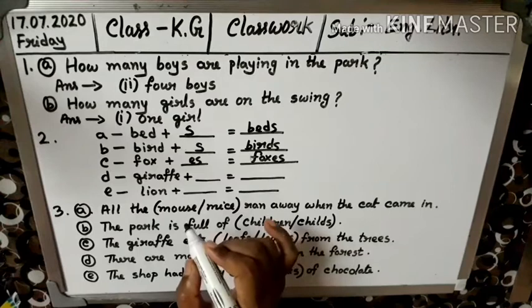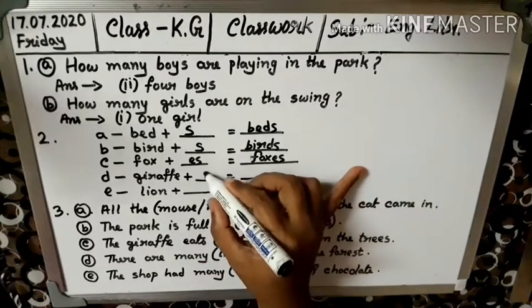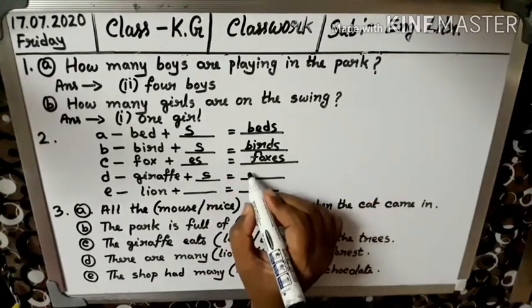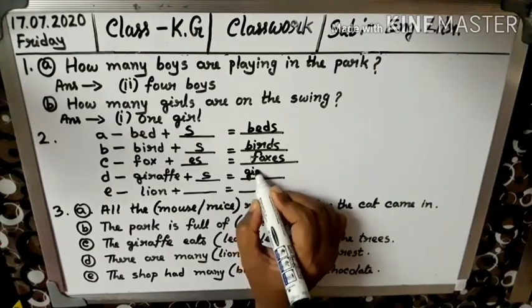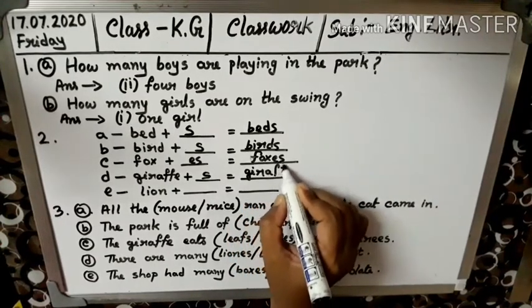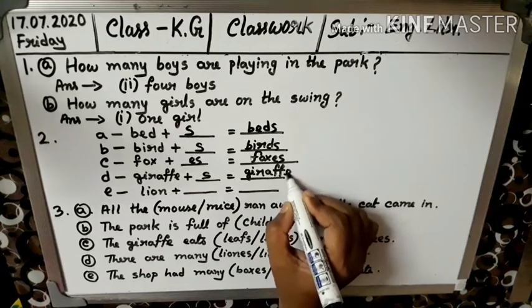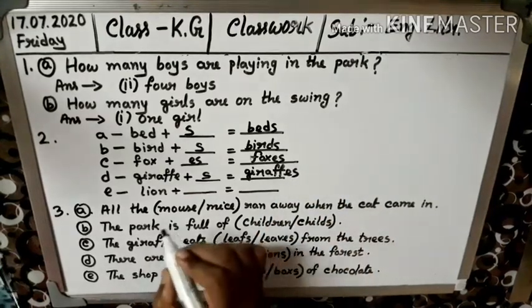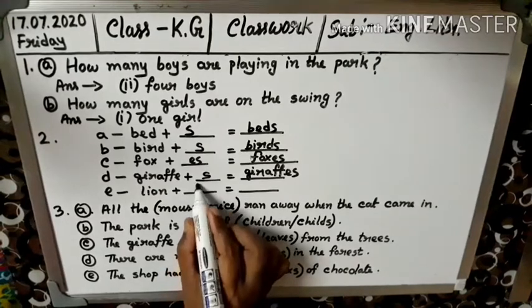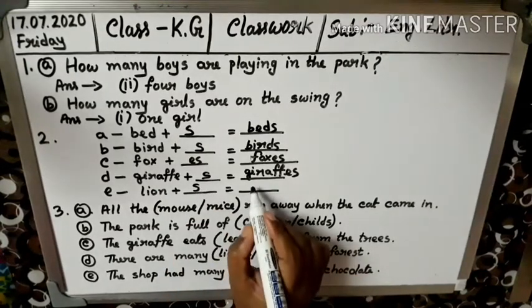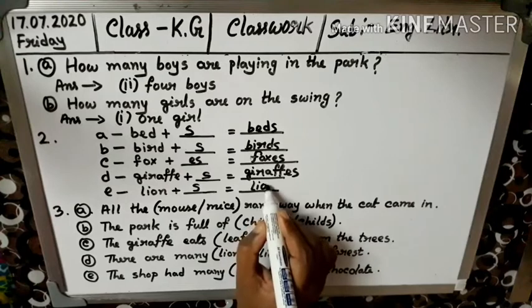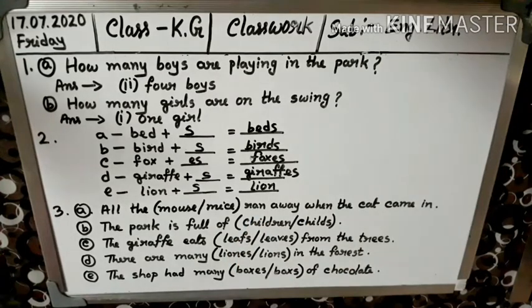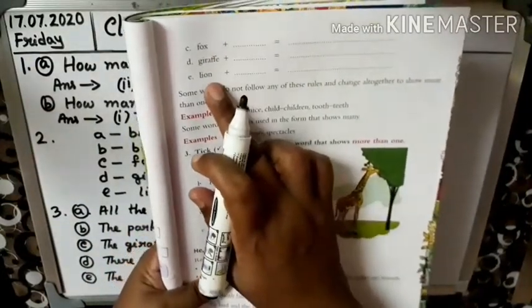Giraffe, add S. Write here giraffes. Lion, add S. Write here lions. See, fox, giraffe, lion.